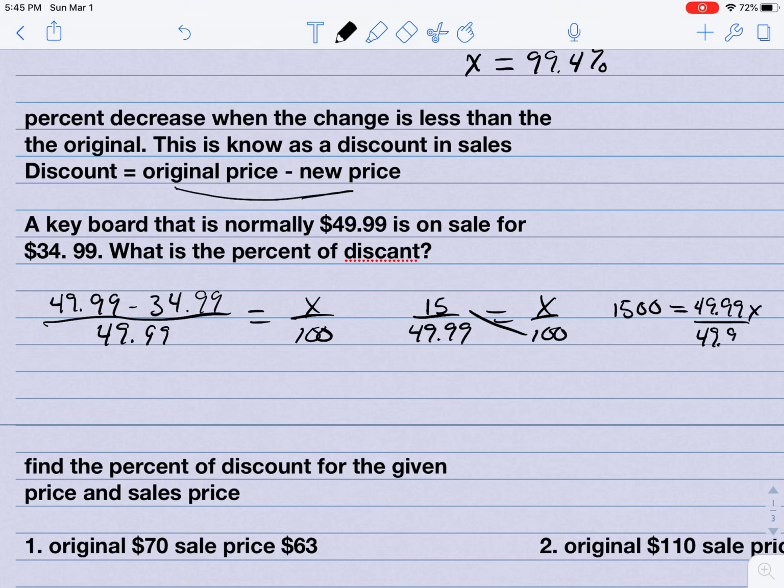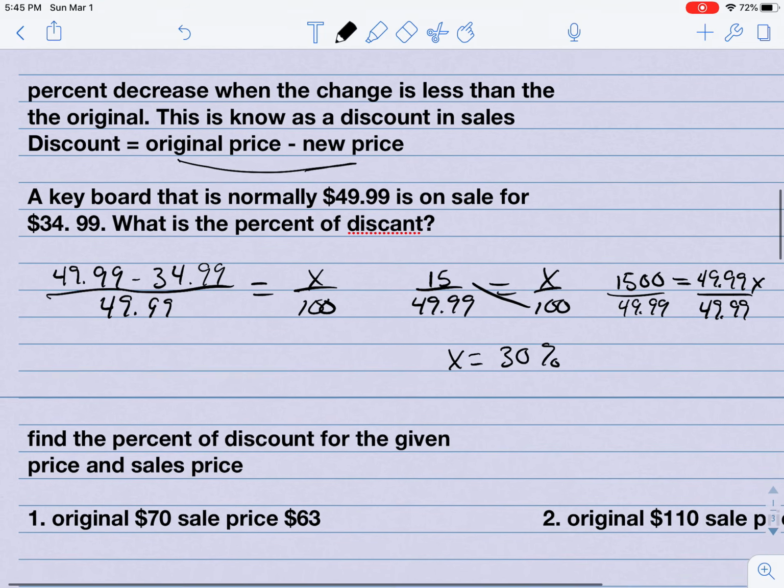Solve for x. Divide both sides by the coefficient. And then you're left with x is equal to about 30%. So about 30% decrease or discount. And so that's how you find the percent of decrease or the percent of discount.